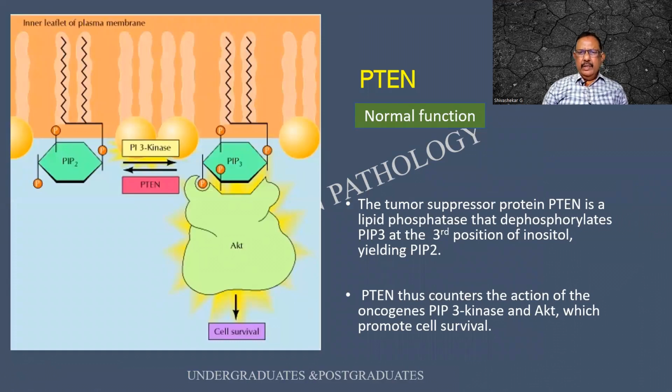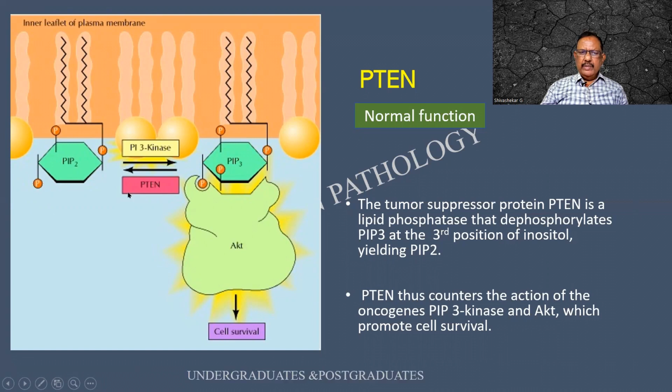PTEN is the next tumor suppressor gene. So this is the normal function over here. There is a PI3 kinase, and there is a diphosphate which is getting converted into a triphosphate, PIP3, and it combines with AKT and there is cell survival over here.